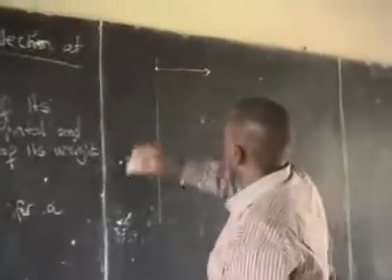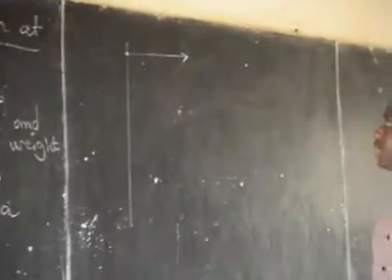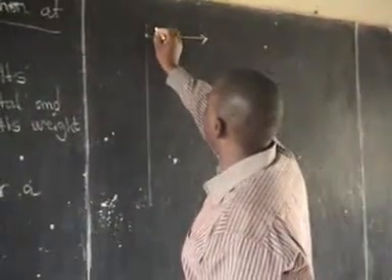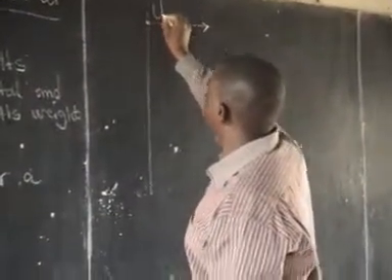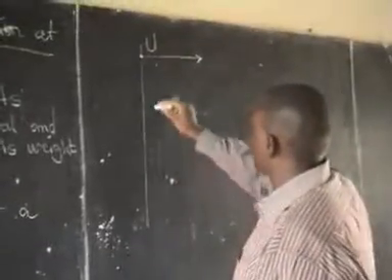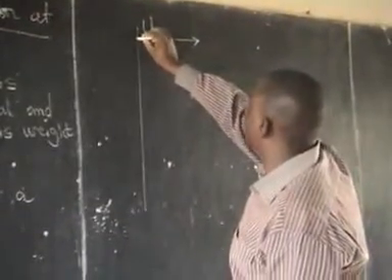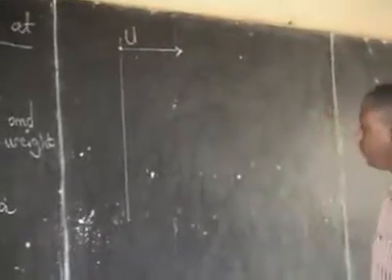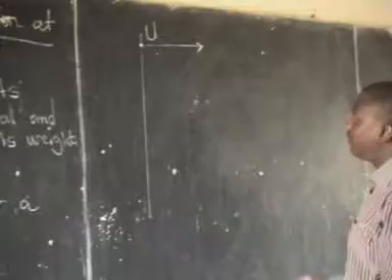Now, we shall be using a particle to represent a given body. So if this body is given an initial velocity u, this body will not continue moving along that straight line because of the acceleration due to gravity.